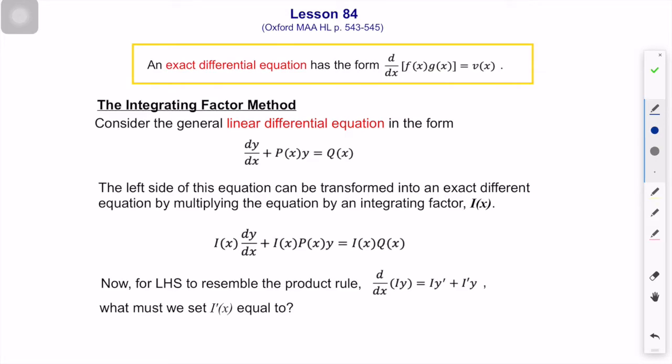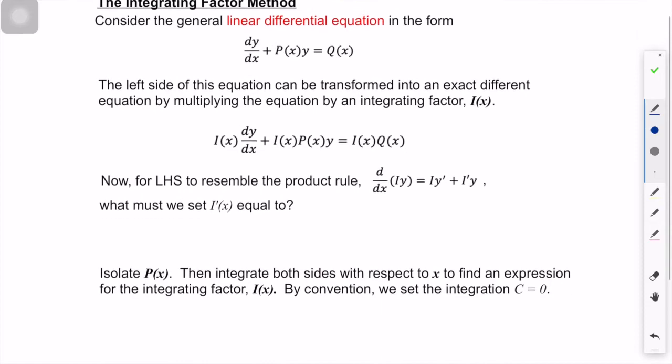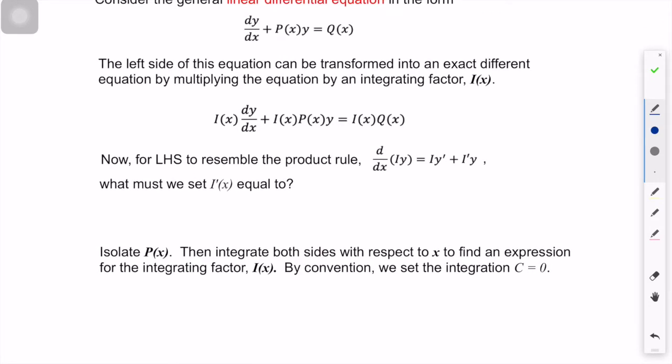Related to this method of solving exact differential equations is called an integrating factor method. We call any differential equation written in the form of dy by dx plus p of x times y equals q of x a linear differential equation. And this one is first order because dy by dx is the first derivative.